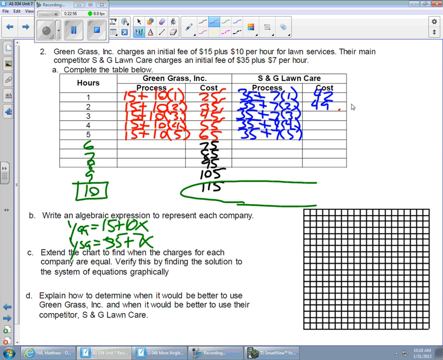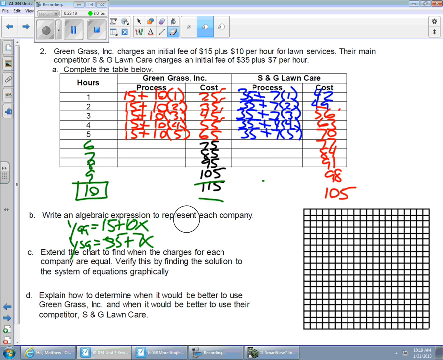49 plus 7 should be 56. Next would be 63, 70, 77, 84, 91, 98, 105, and so on. Okay, so by the chart, turns out we're actually not able to see the exact intersection, but we can see where the graphs are going to interchange.